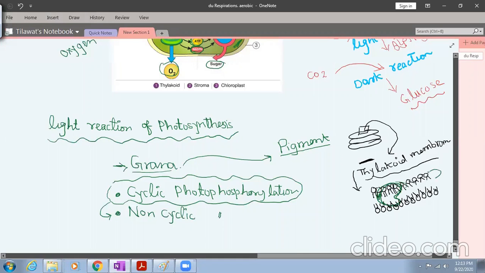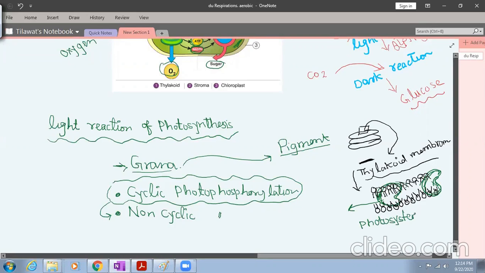In this cluster form, this is the complex of protein plus pigment. So this is called photosystem.